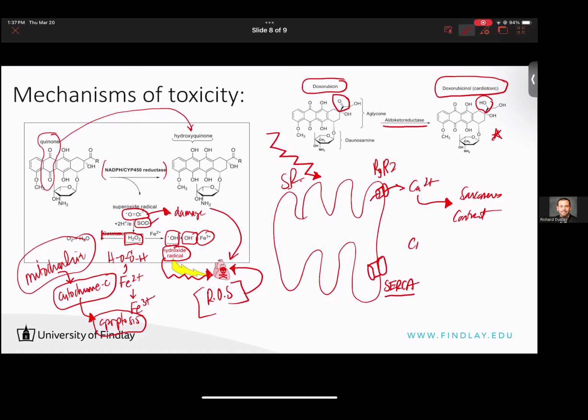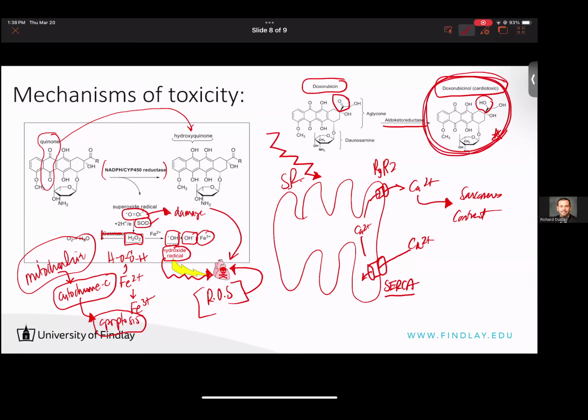I'm getting too old. But what I can tell you, though, is that the function of the SERCA is to take the calcium back up and store it so that the cycle can then just keep repeating and repeating. And as the SERCA takes up the calcium back into the sarcoplasmic reticulum, the sarcomeres will relax, right?